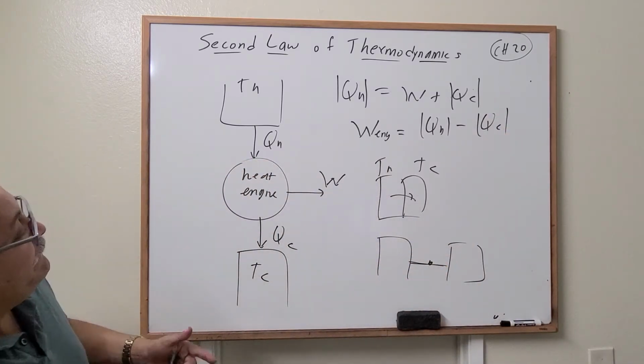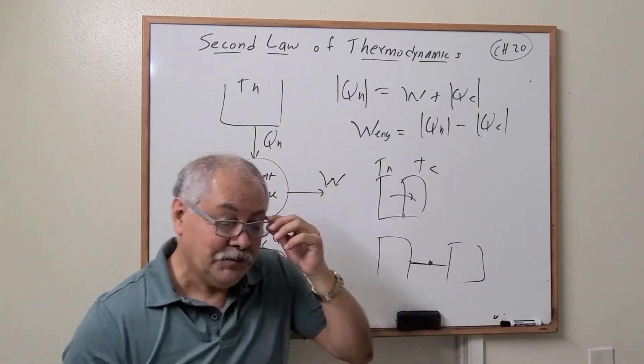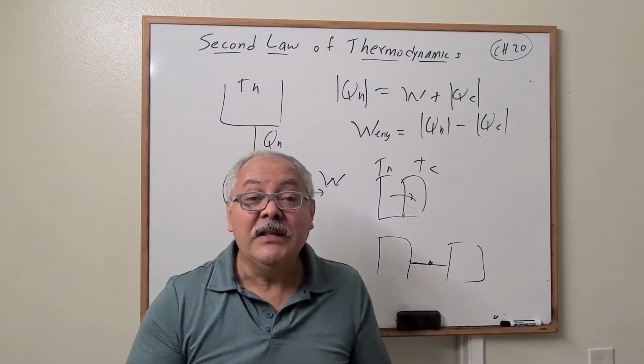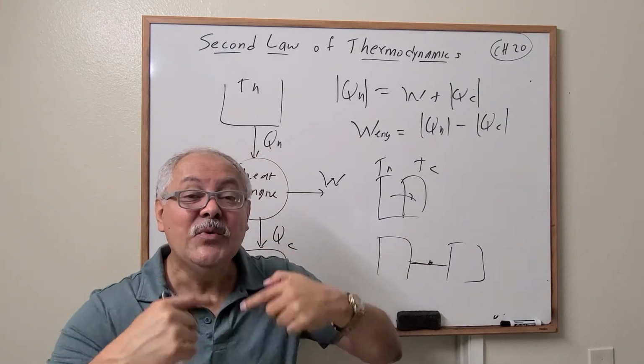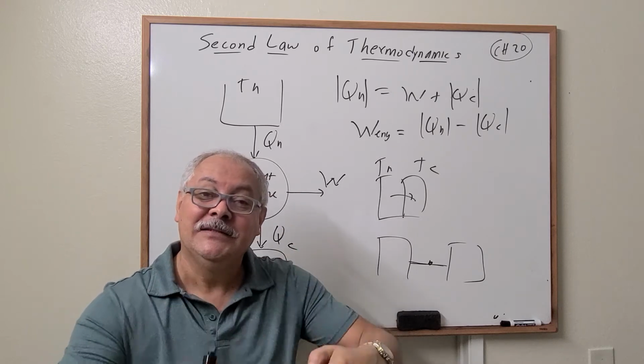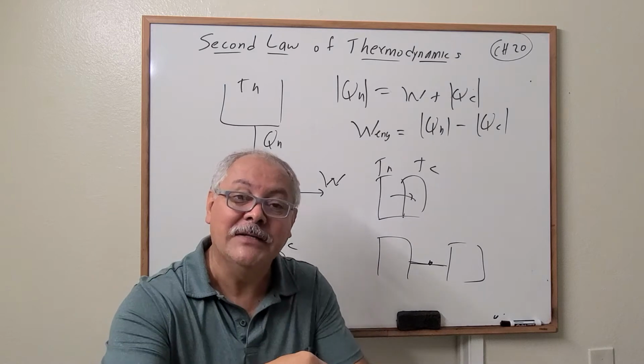Now, when we're dealing with heat engines, in theory, we pay attention to the cycle. We are dealing with a cyclic process: we start at one point and go back to the same point.